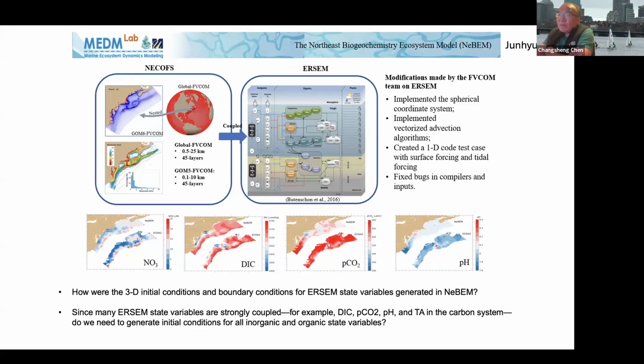But if you use the climatology, you already have horizontal variability. That's different, right? Because you get a climatology, but you still need to run the model because the ecosystem has to reach an equilibrium state.